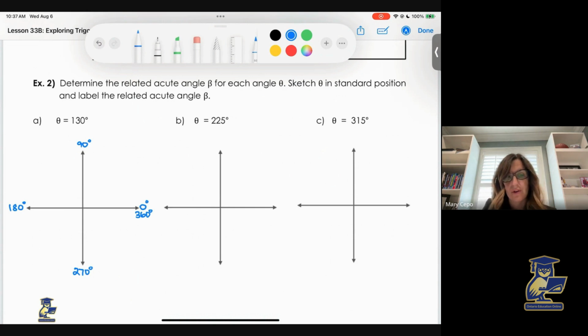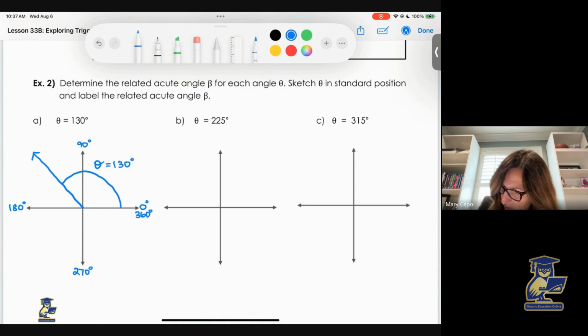So 130 degrees. Well, we know from 0 to 180 would be from the first quadrant to the second, but we're at 130. So that means we'd go 0 to 90, and we would end up here. Remember, the vertex is always at the origin. This would be theta, which is equal to 130.